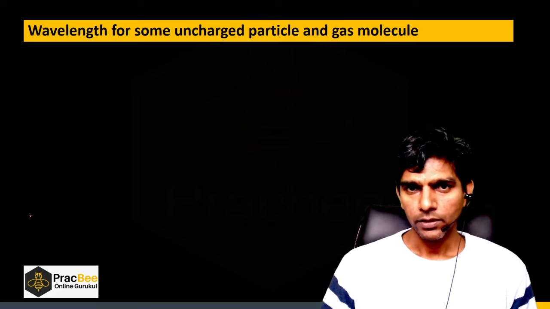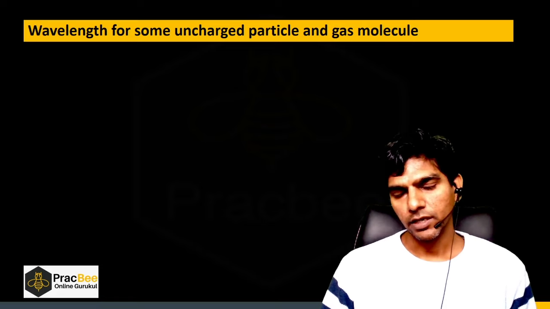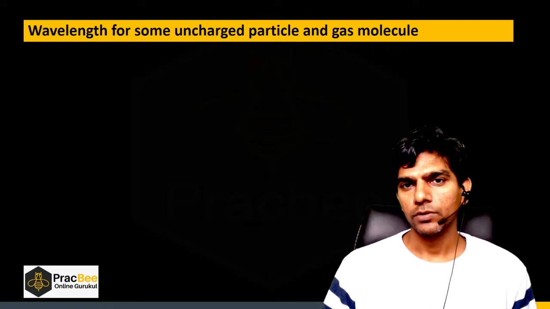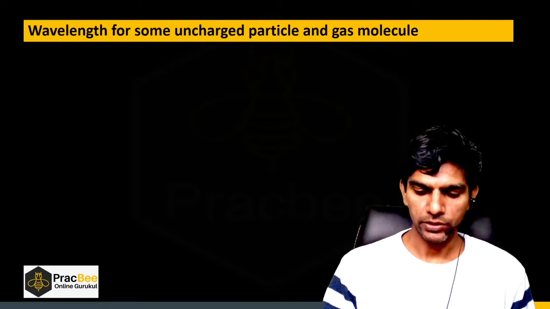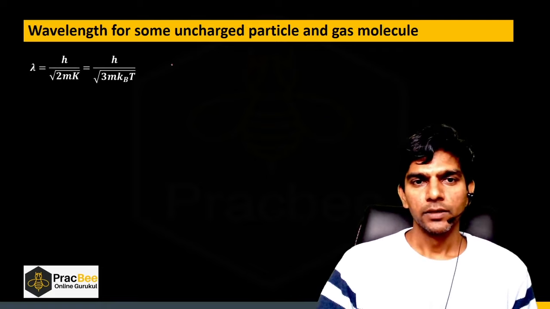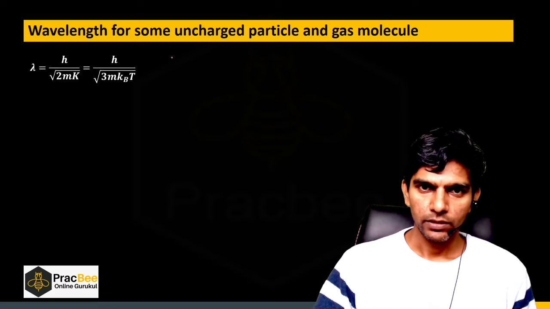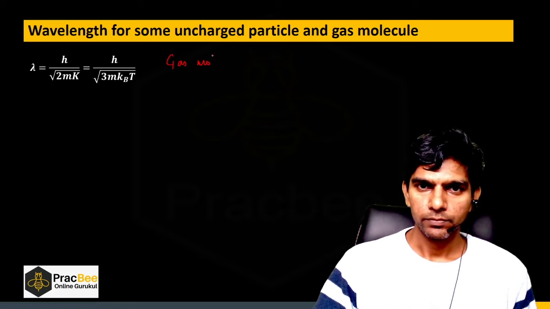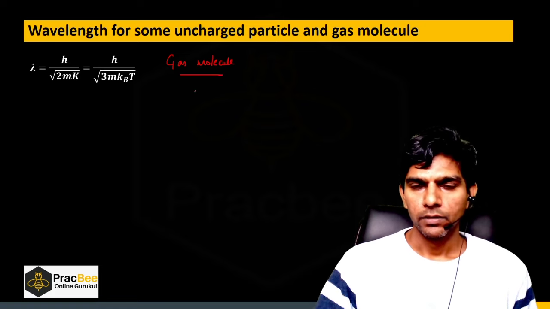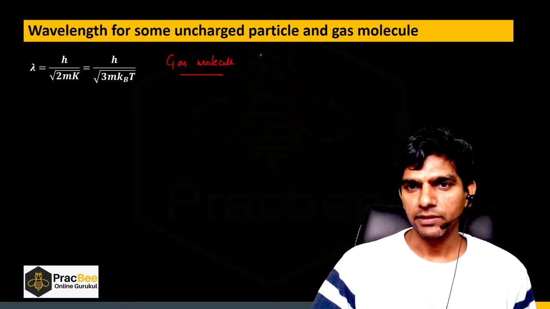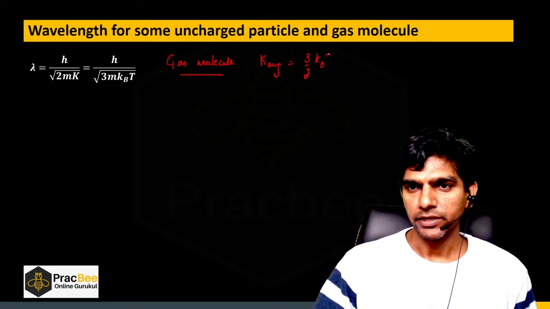Now, sometimes in exam, they will ask you the De Broglie wavelength of an uncharged particle or a gas molecule. Now let us see what we can do in that case. So in case of a gas molecule, we know that in kinetic theory of gases, we have seen the average kinetic energy is given as 3/2 kBT, right?